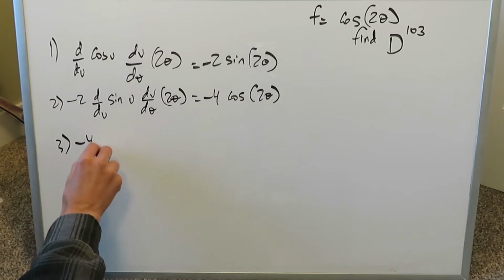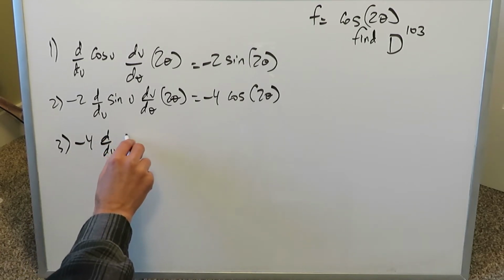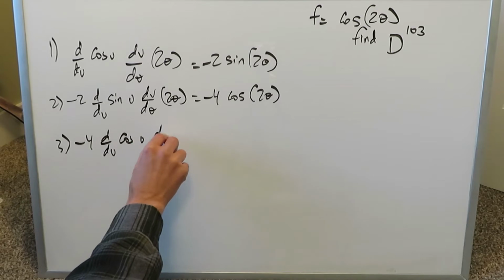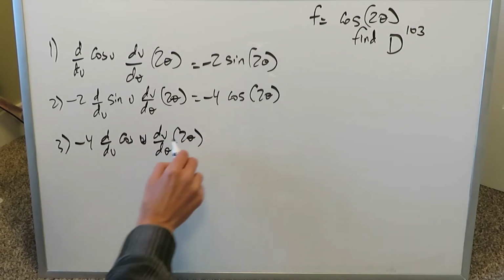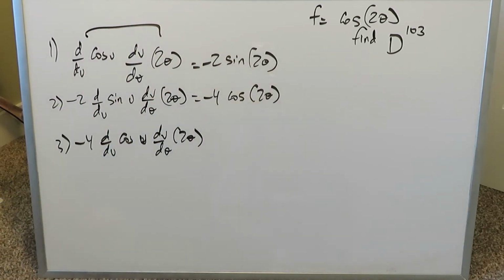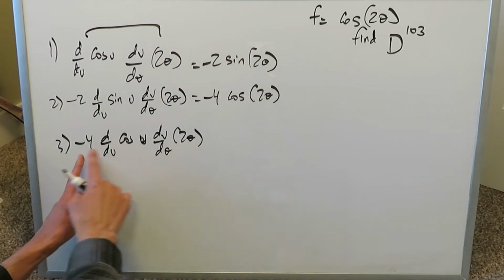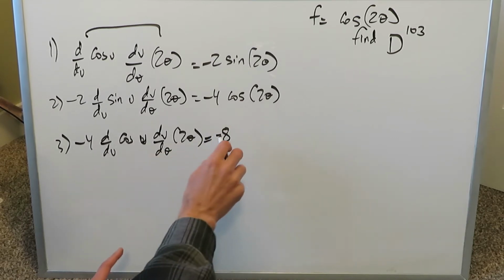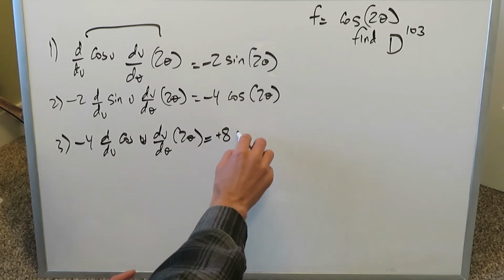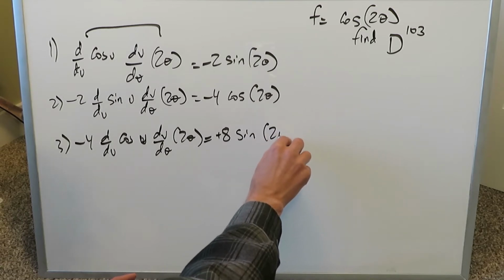Let's go to the third. We'll bring the minus 4 out, and then we're doing d over du cosine u, and then du over d theta, 2 theta. We're doing a 2 theta here, because this right here is a chain rule, all of this, it's not hard. Multiply this with the coefficient, you're getting a minus 8. Derivative of this is a minus sine u, which will make it a positive 8. And then you'll have a sine u, and then you'll have 2 theta.